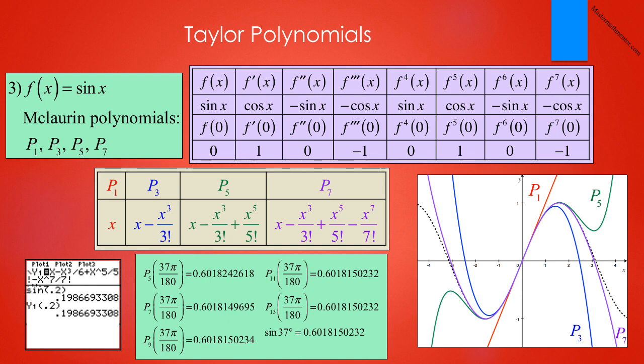And we look at P5, P7, P9 until we do not see a change in the answer. And notice that when we get to P11 and then to P13, we do not get a change. That means that the answer is accurate to 10 decimal places, and that's what the calculator will display for the sine of 37 degrees.